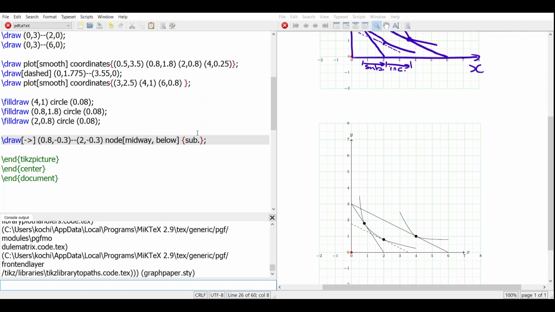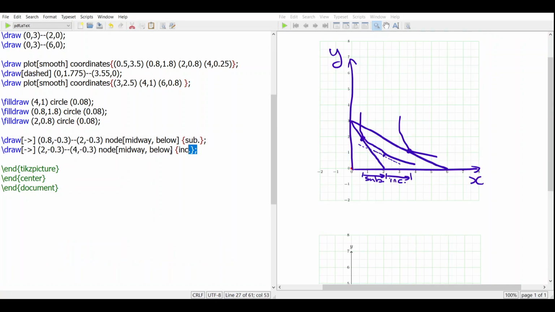Then lastly we have the income effect, right? It will be from 2 to 4, right? And this is the income effect. Okay, and if you want, we can be a little bit more creative.